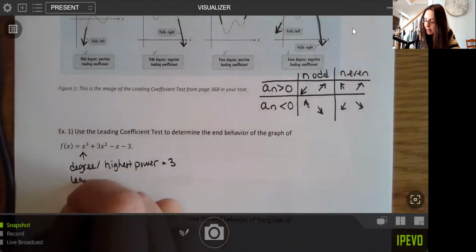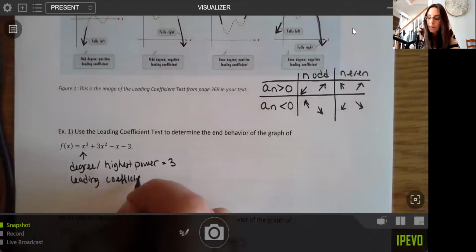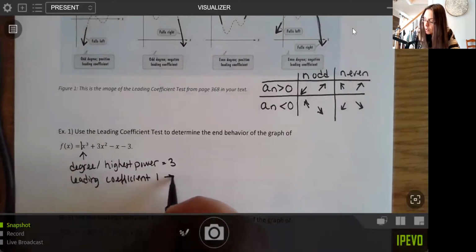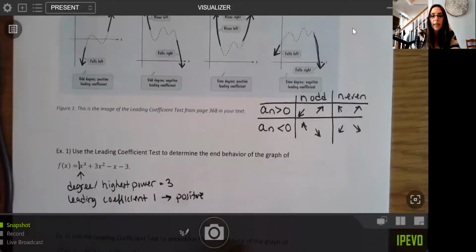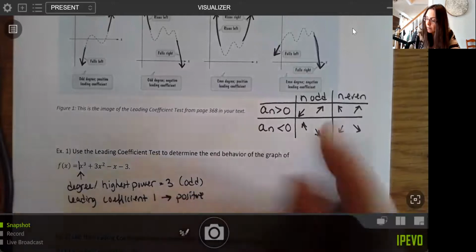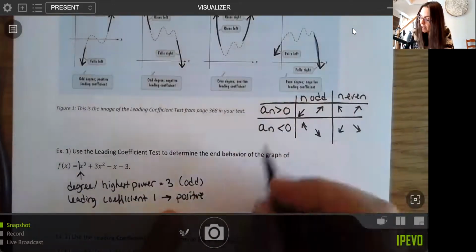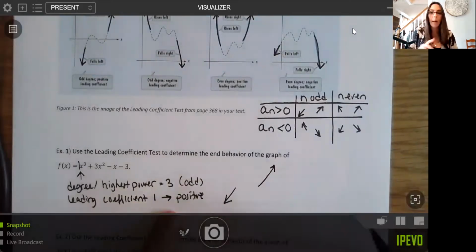And I see that my leading coefficient is 1. So if there's no number there, there is a 1. So my leading coefficient is positive. Okay. So what's going to happen here? My highest power is odd, right? And then my leading coefficient is positive. So I know that the left side is going to go down and the right side of my graph is going to go up.